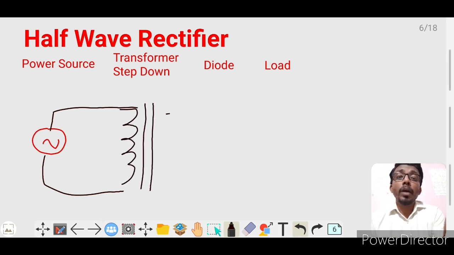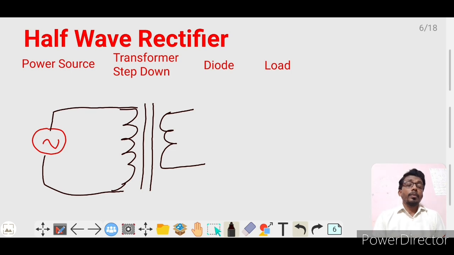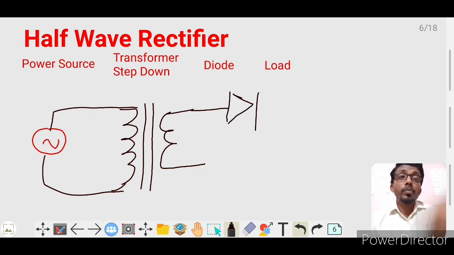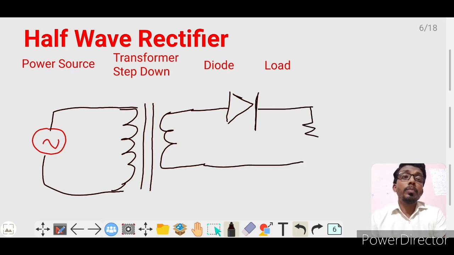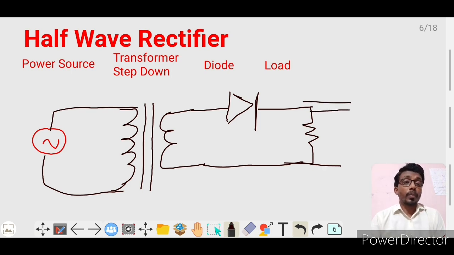Now what these two arrows are showing is that they are not connected, meaning the step down process is taking place via magnetic flux. Now we are having one diode over here, and then we are getting an output through this particular load. Okay, so this is our circuit diagram.